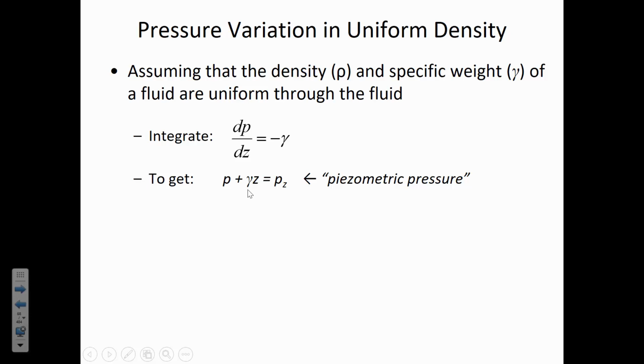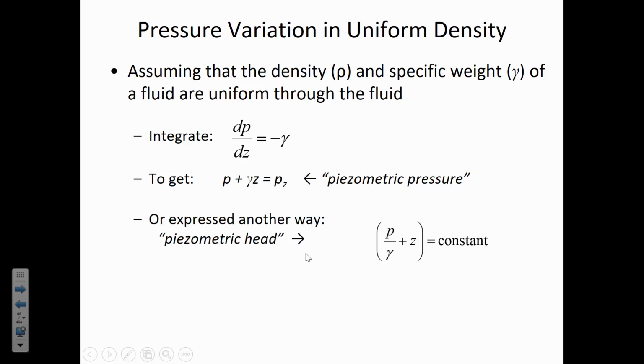If it's just static water, meaning stationary water, between any two locations you can have a loss of elevation but an increase in pressure, and so between 2 points the piezometric pressure would be the same.